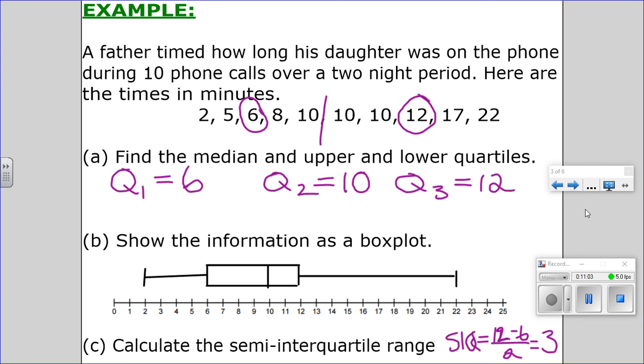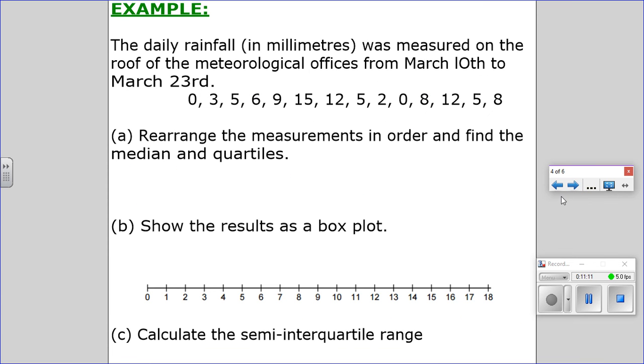Okay, I was going to give you another example to work through, but I think I will just leave you to do this on your own. The daily rainfall in millimeters was measured on the roof of the meteorological offices from March 10th to March 23rd. Again, these are not in order, so you'll need to rearrange them and find the median and quartiles, show the results as a box plot, and calculate the semi-interquartile range.